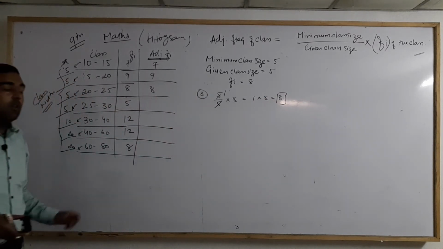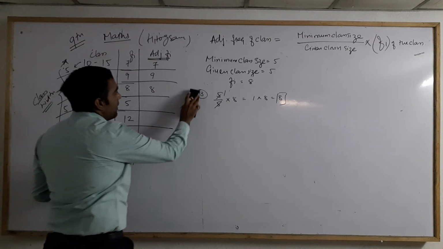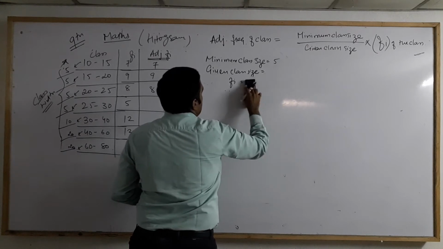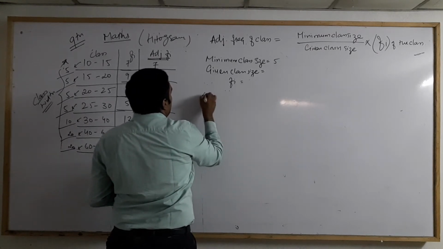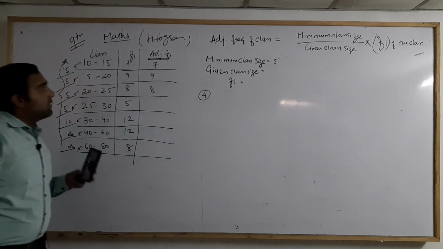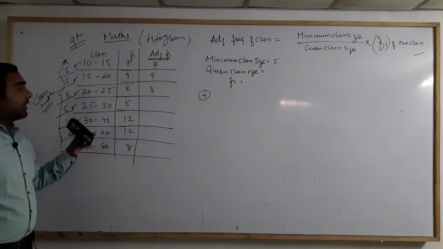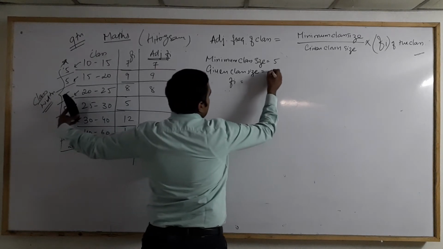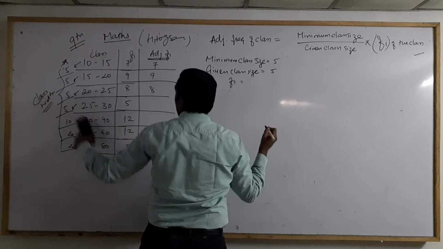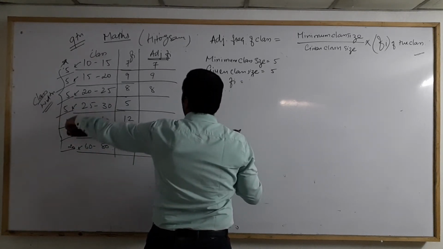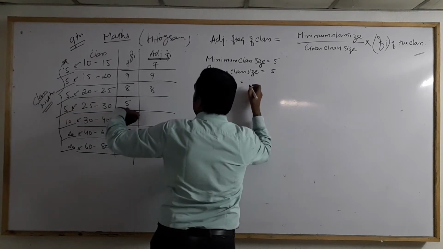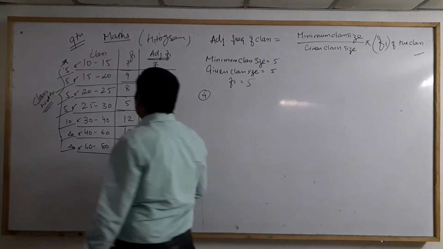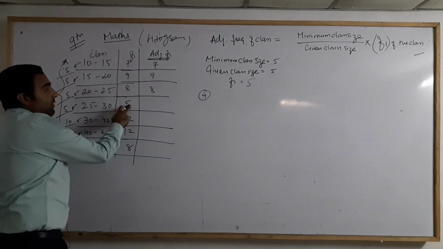Now for the fourth, what is my answer? My minimum class size is also 5, given class size is 5, and my frequency for the fourth one is also 5.